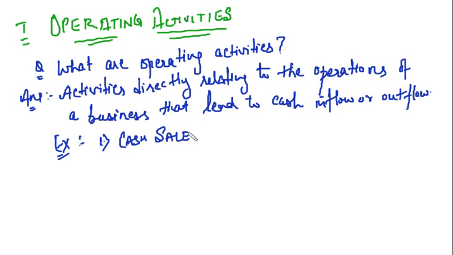Sale is the normal operation of a business, and when it is done in cash, what is sale? Sale is an activity. It is directly related to the operations of a business, right, sir? Sale is what we do in the regular course of the business, right? Cash sale is the cash inflow. The cash will come into your pocket. If you will sell your product for the cash, you receive cash and put cash in your pocket.